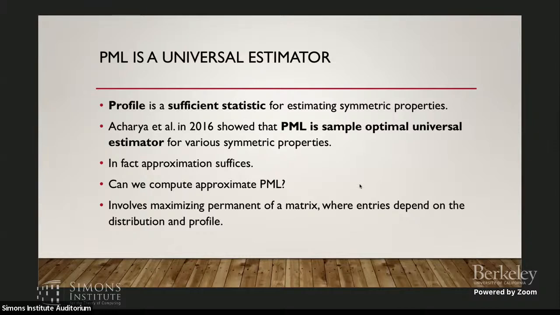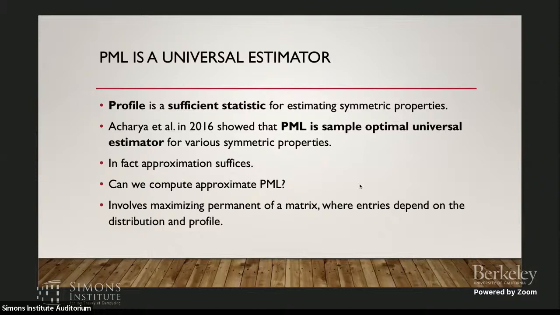In fact, what they show is that their analysis even works for some approximate notion of this maximum likelihood, which I'm not going to define here. All this was some statistical guarantee of this maximum likelihood, but we didn't know how to compute these distributions. So the question we were interested in is, can we compute these?